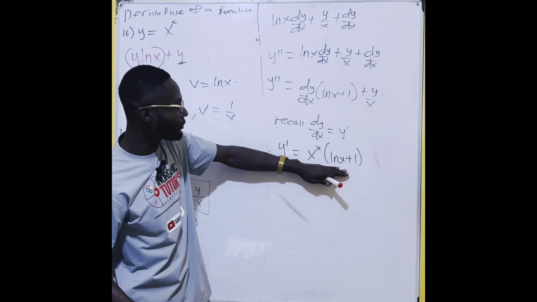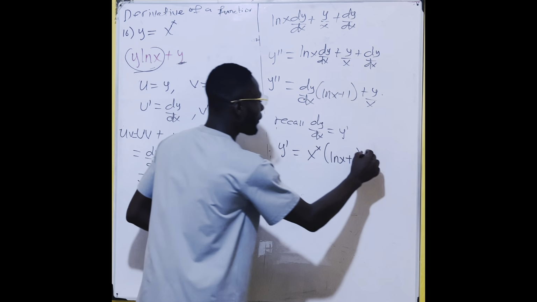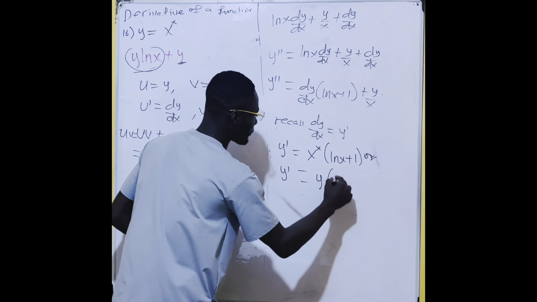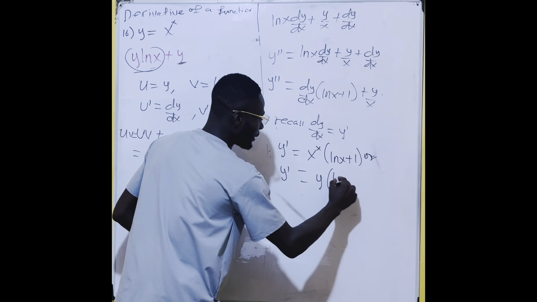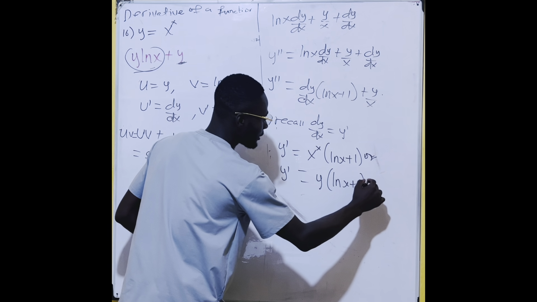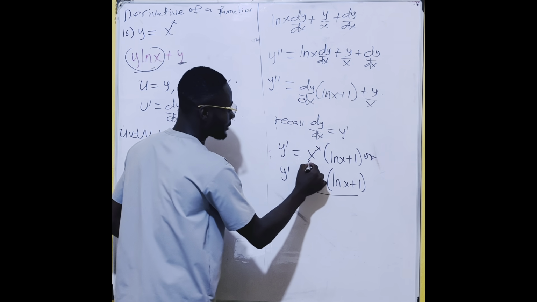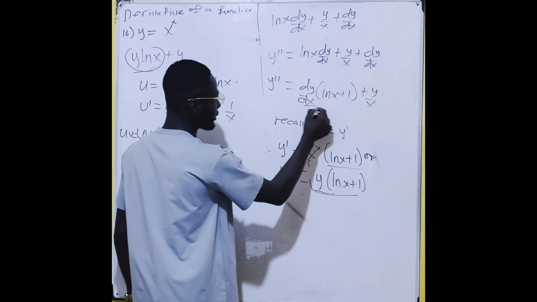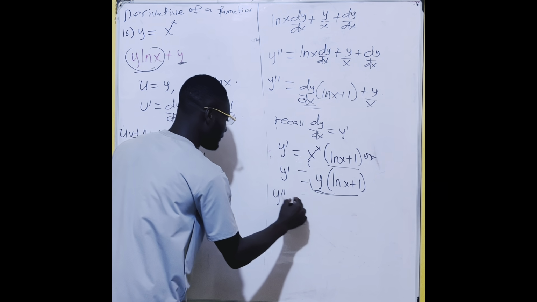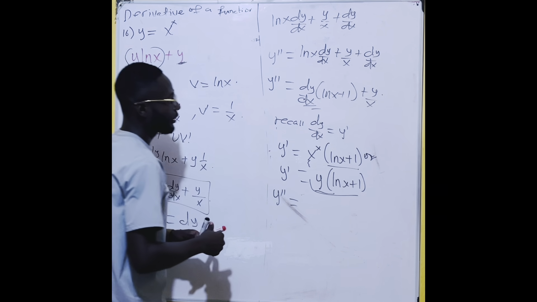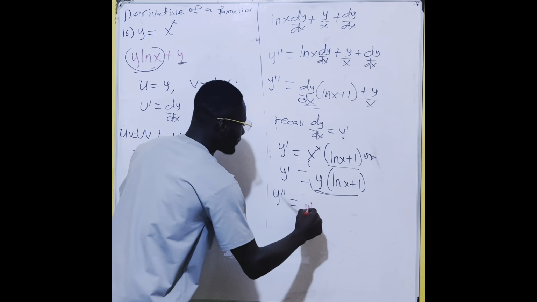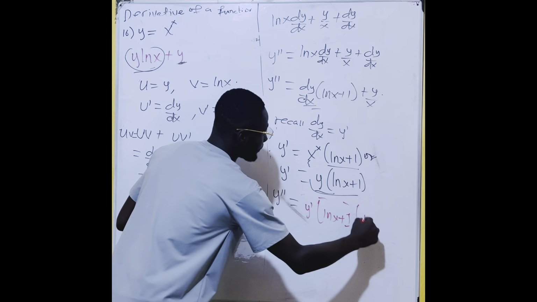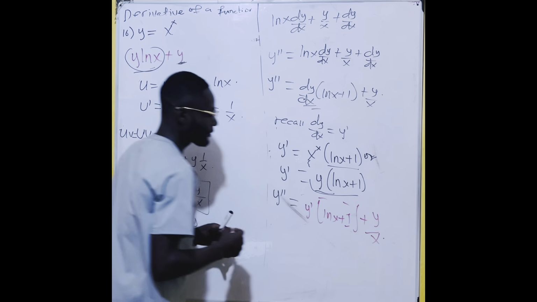So we are going to substitute this here, or y prime was y times ln x plus 1. So this and this, they are all the same. So either substitute this here or substitute this here. So our second derivative will be equal to y prime multiplied by ln x plus 1 plus y over x.